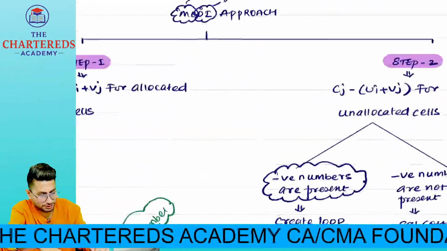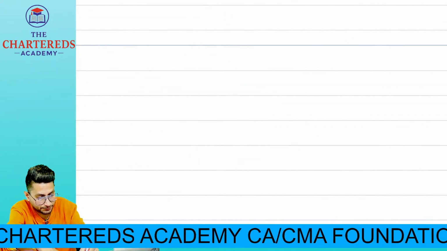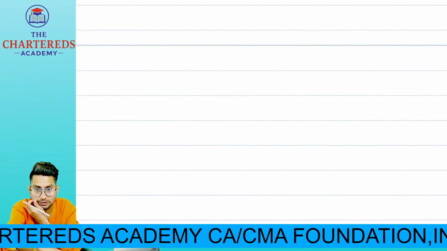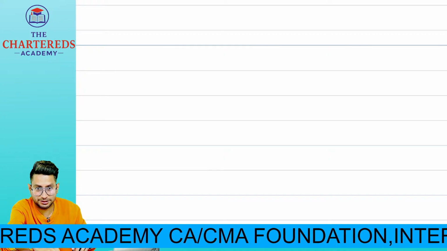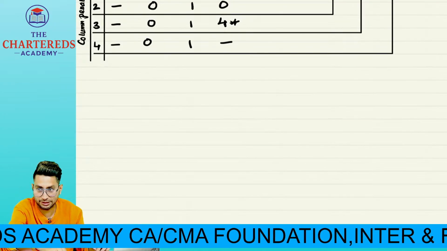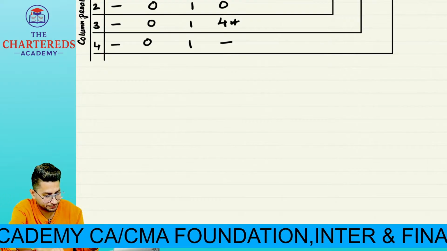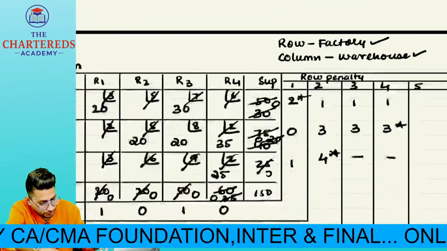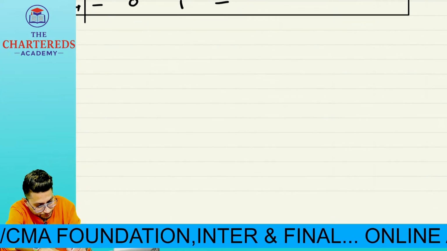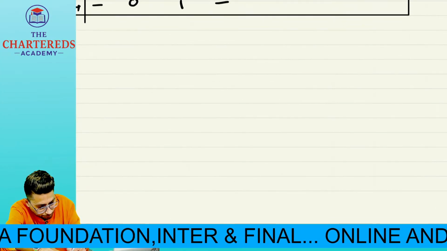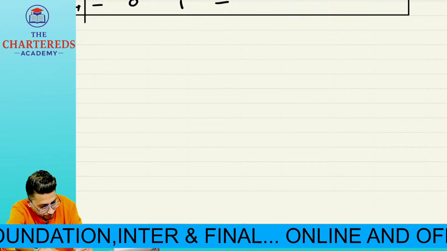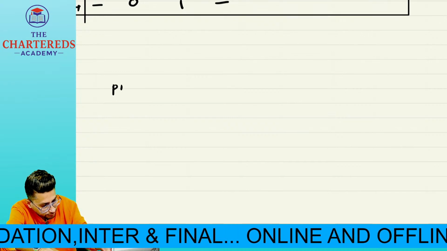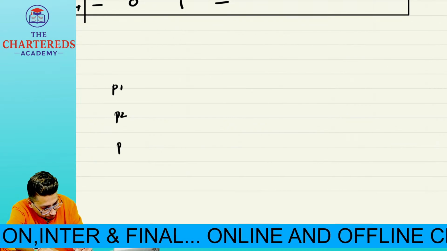Tell me the numbers. Tell me how many factories we have. You have not written till now? Now we have P1, P2, P3.